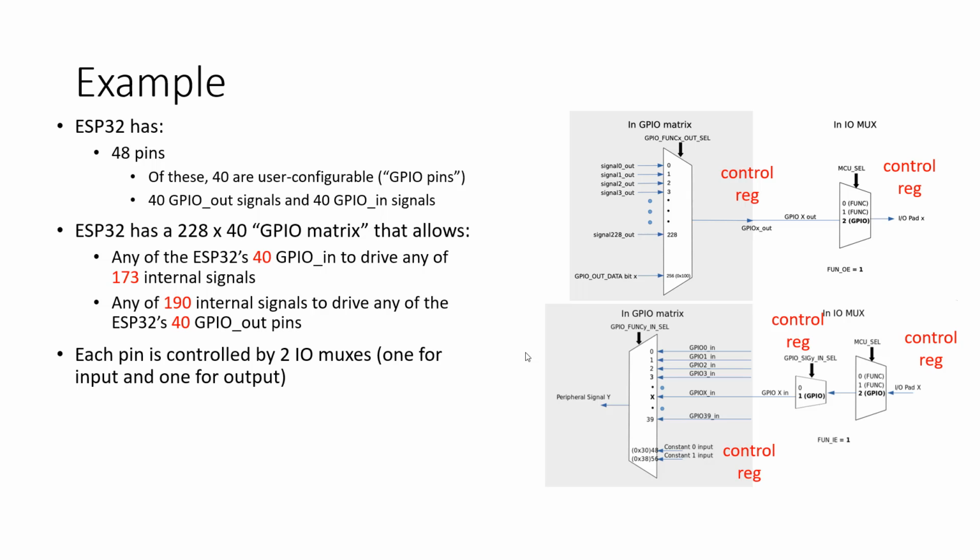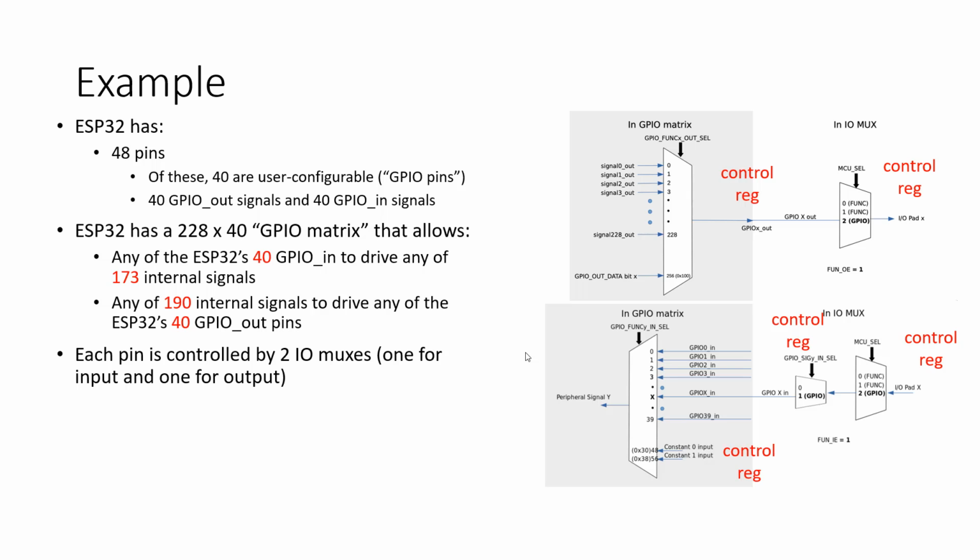And the way that they're user programmable is you basically configure a mux, so you've got a mux that basically controls 228 signals in the ESP32 that could be connected to inputs and outputs. But if you just consider outputs, there's actually 190 of those 228 that are signals that can be sent out.